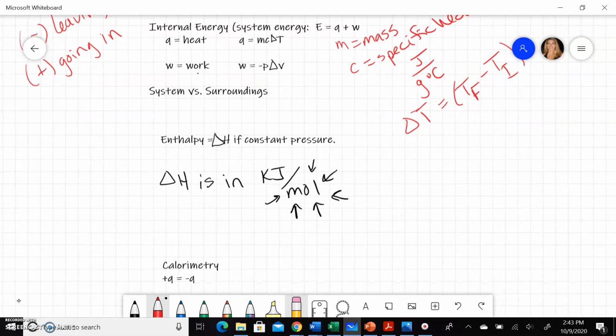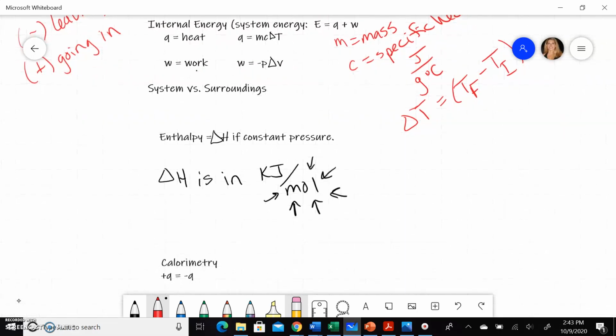However, keep in mind the units. So you're going to see an equation at some point. You're going to see like A plus 2B yields AB. And then off to the side, you're going to see delta H equals, we'll just say 50 kilojoules. It's really tempting to think that that is in kilojoules, but it's not.